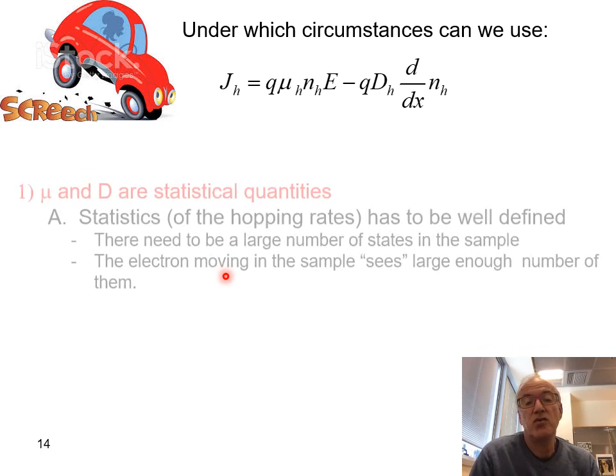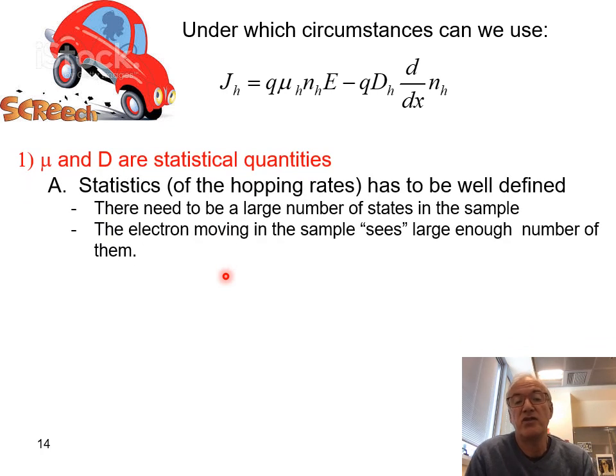It seems that D and mu have some meaning behind them. First of all, you need to understand that D and mu are statistical quantities. And for something to be well defined, the statistics has to be well defined. So there has to be a large number of states that the charge is moving across. And not only that, we need the electron to be sampling enough, because what is the meaning of statistics of five sites?